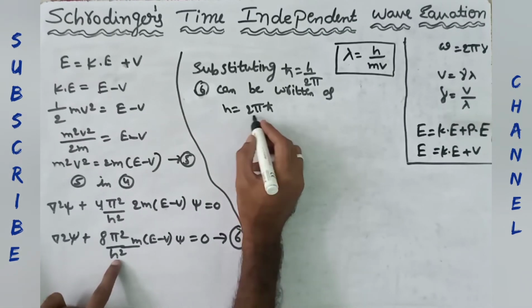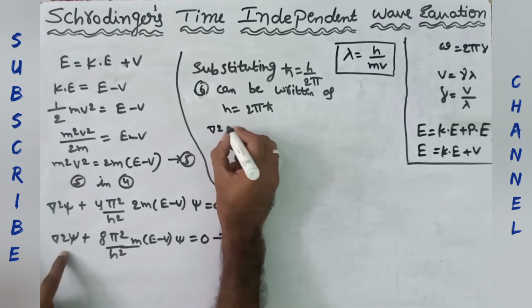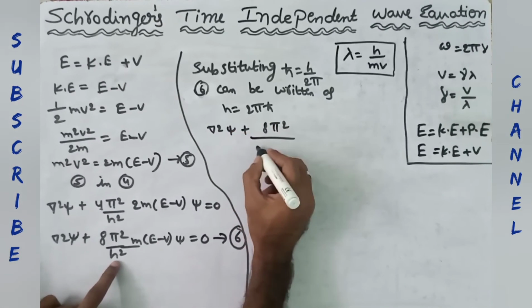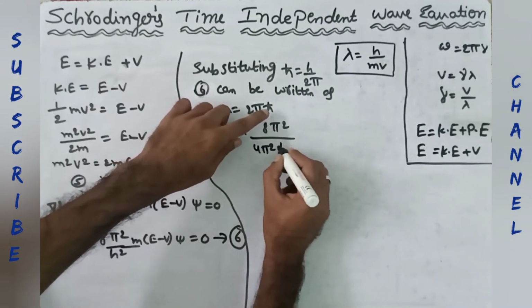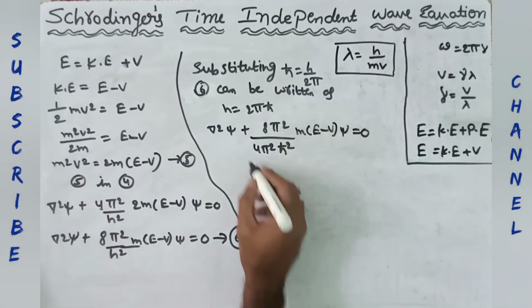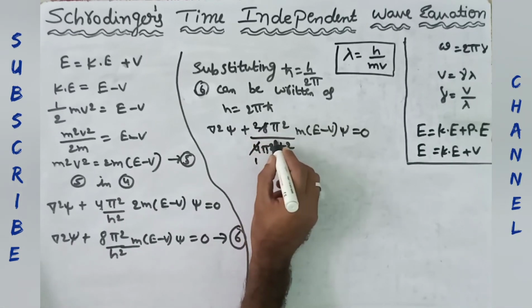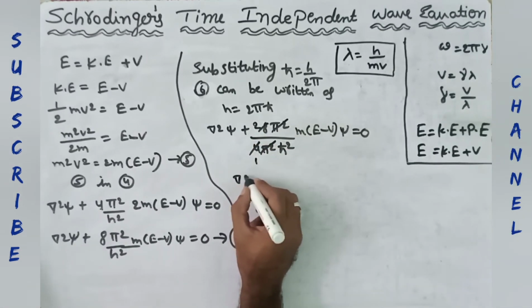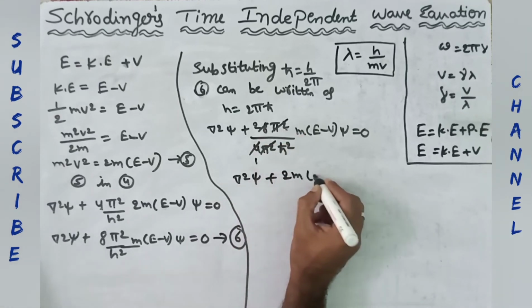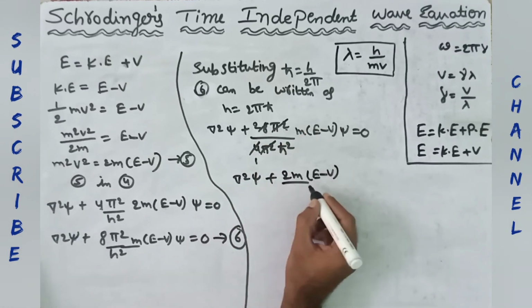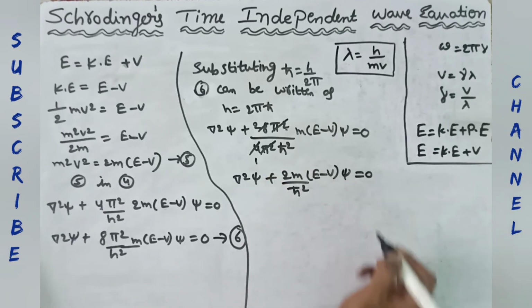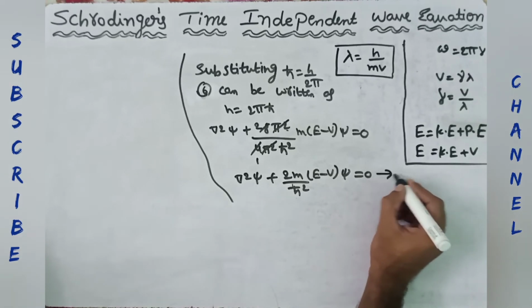Now we substitute h is equal to 2 pi h cut: del square phi plus 8 pi square by 4 pi square h cut square m into E minus V phi is equal to 0. The pi square gets cancelled, and 4 goes into 8 two times: del square phi plus 2m into E minus V by h cut square phi is equal to 0. This is equation number 7.